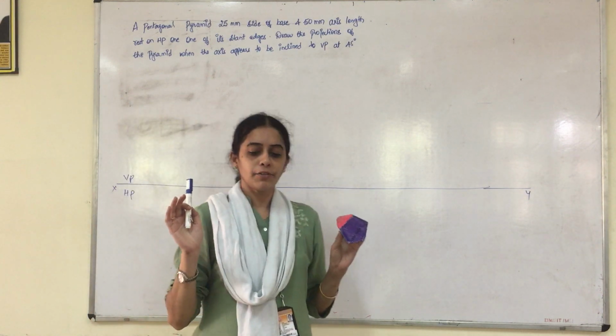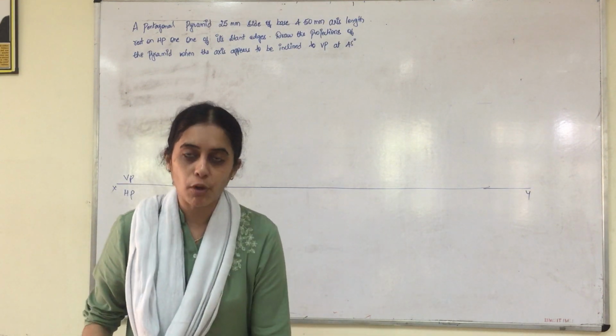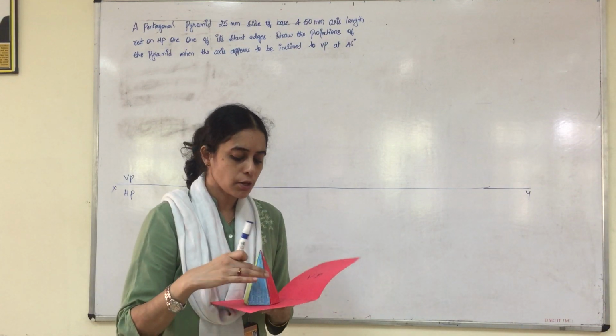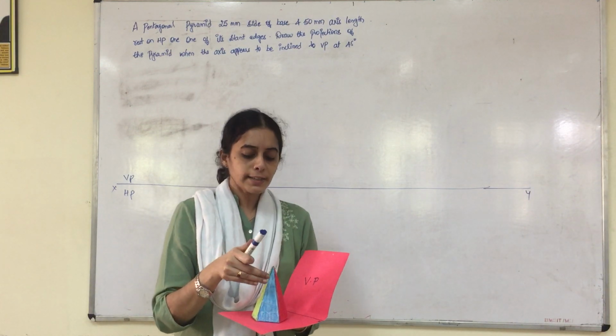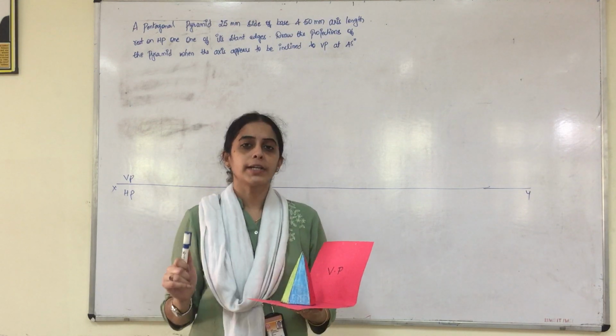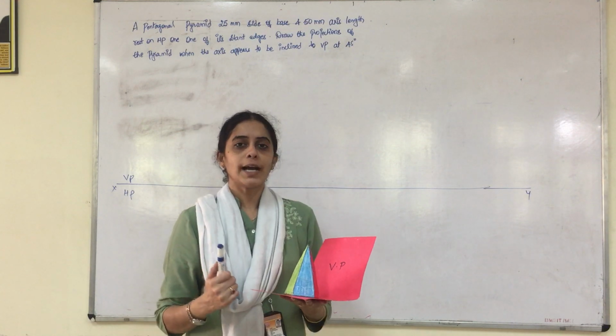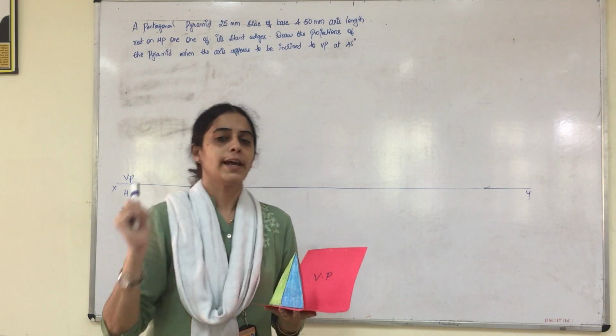And here, if it is a problem on slant edge, always assume that you will keep one of the corners towards your right. Then only you can take the projection of the slant edge to the vertical plane and shift that front view in such a way that one of the slant edges is on HP.